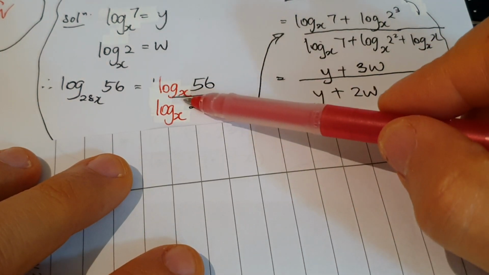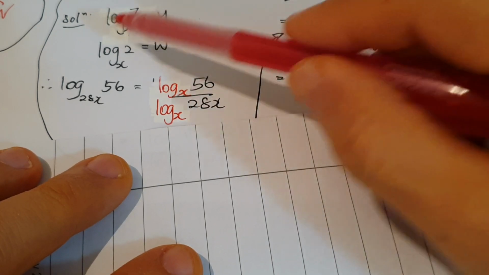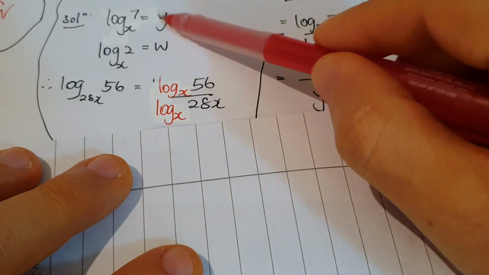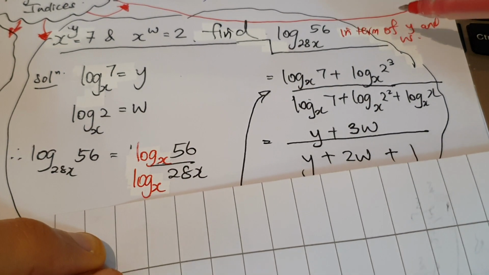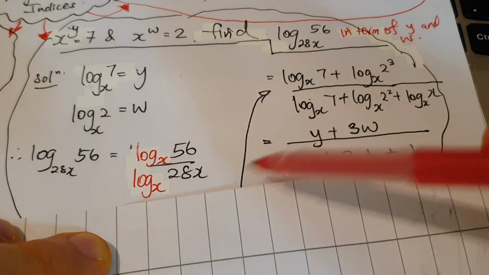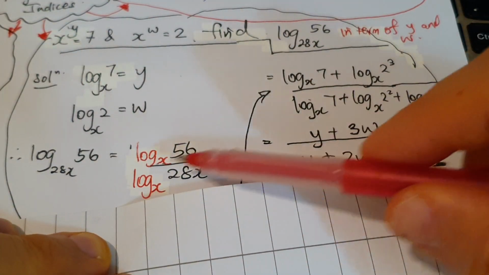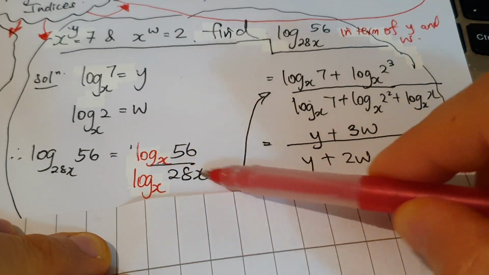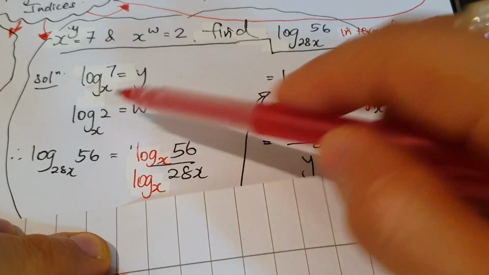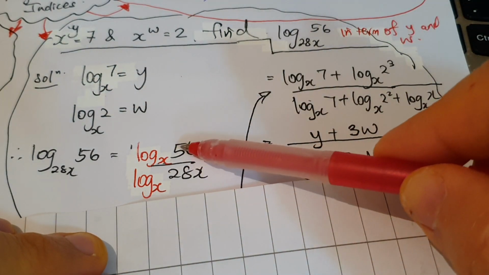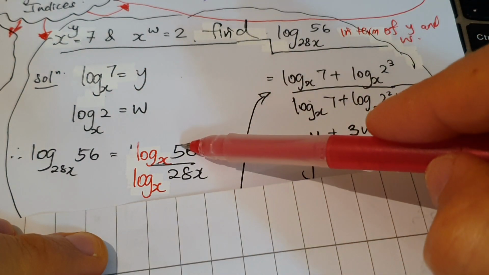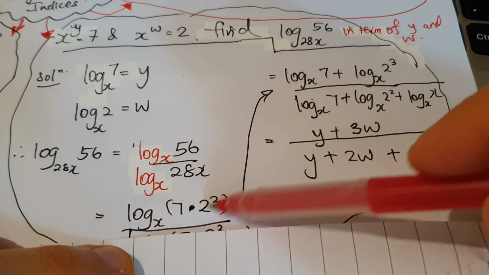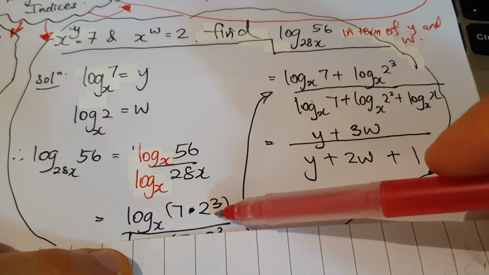Okay, now we have a problem. The problem is that I now have base x, but I can't express in terms of w and y as they require, because my numbers are not 7 and 2. So I have to change it to 7 and 2. How do I do that? You divide 56 by 7, you will get 8.